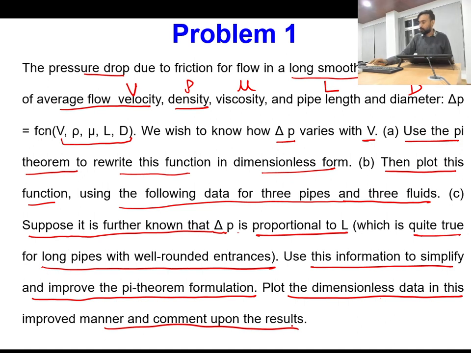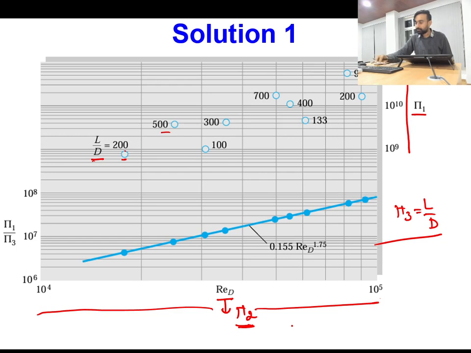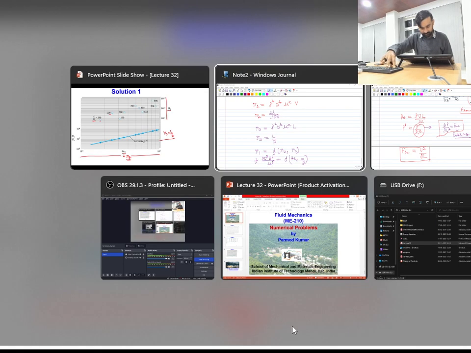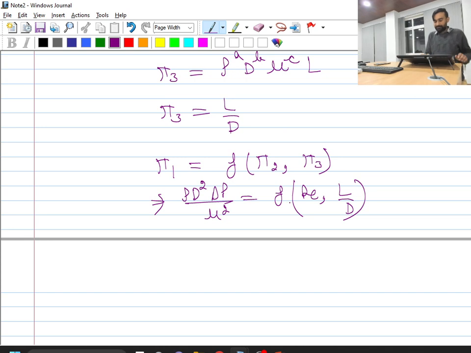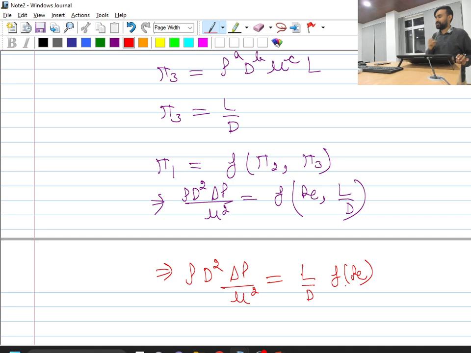Now what I can do simply, when I have written this function of Reynolds number and L by D, because I have come to know that delta P is proportional to L, I can write this functional form simply as rho D square into delta P by mu square is equal to L by D times a function of only Reynolds number.